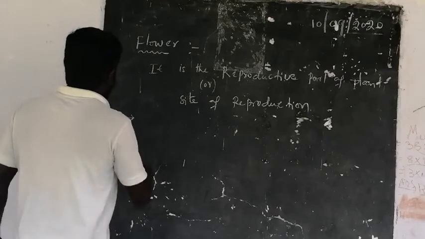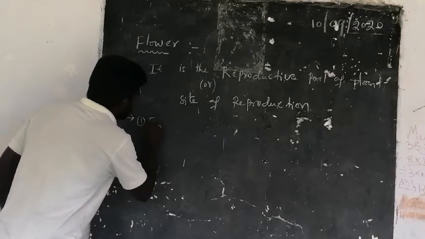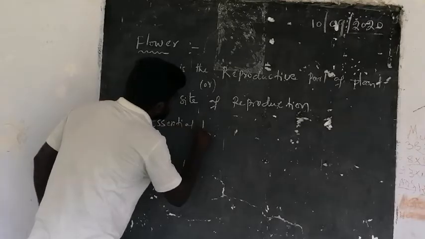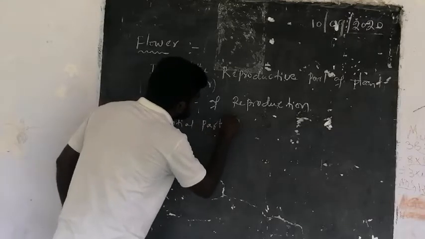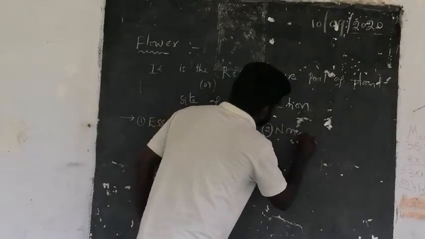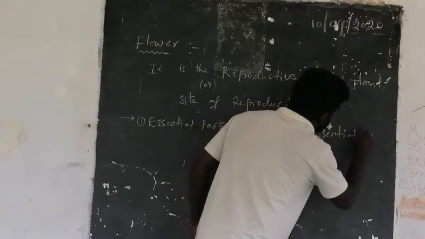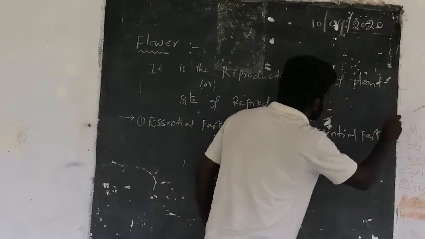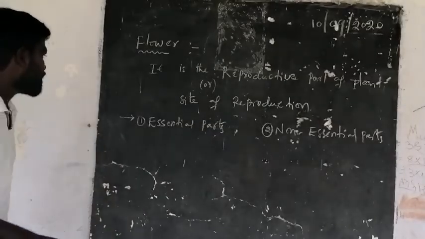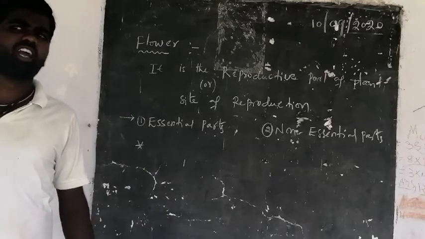Now let us see essential parts and non-essential parts. Number one, essential parts. And number two, non-essential parts. The essential parts include androecium and gynoecium.